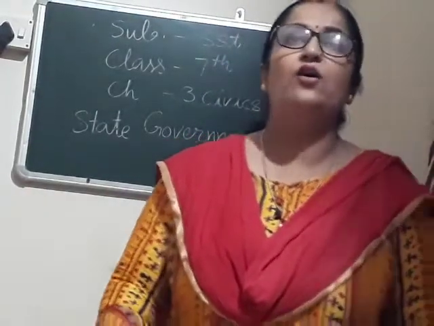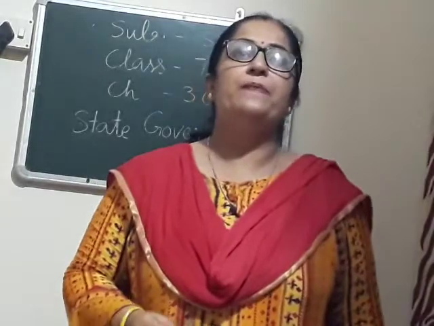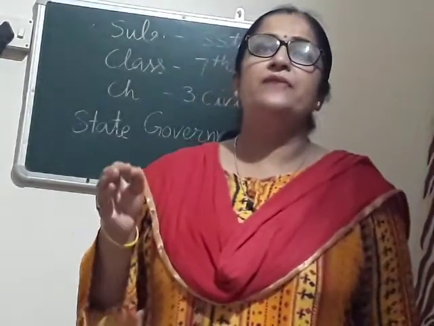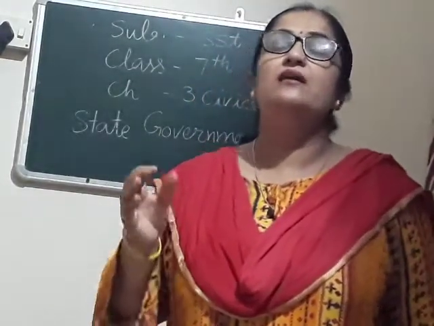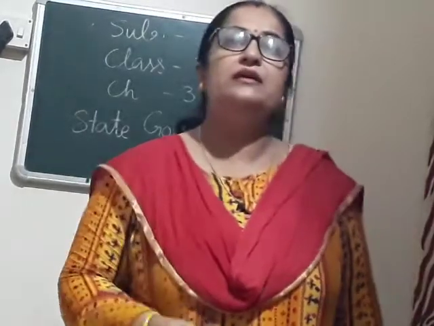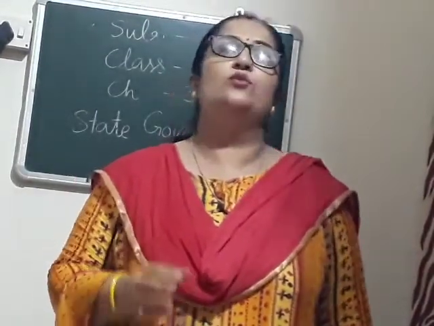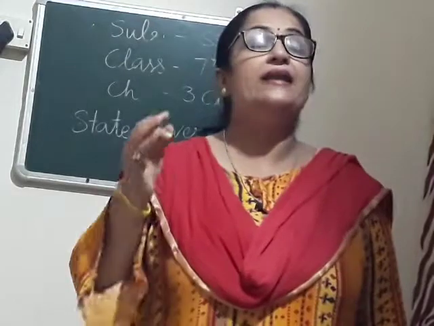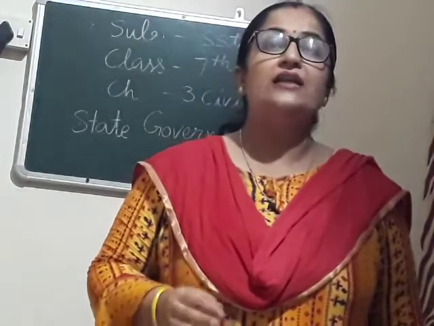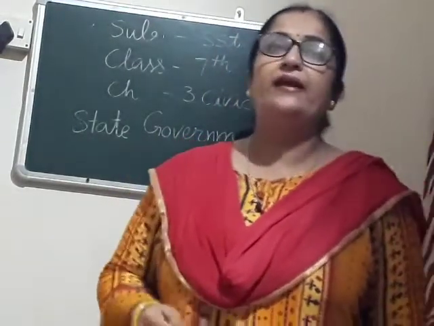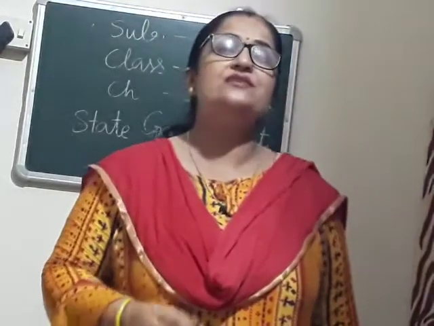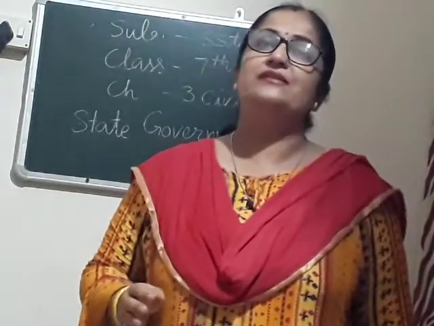Who is the head of the state government? It is the governor. The governor is the nominal head of the state, and the actual power to take decisions lies in the hands of the chief minister.